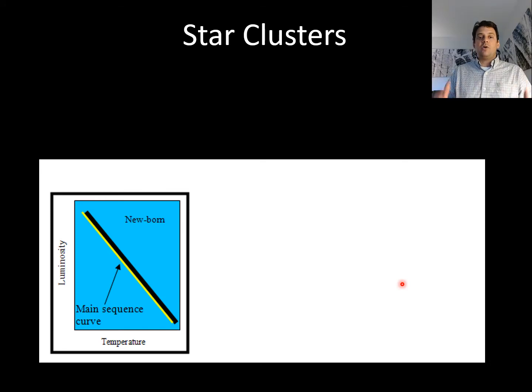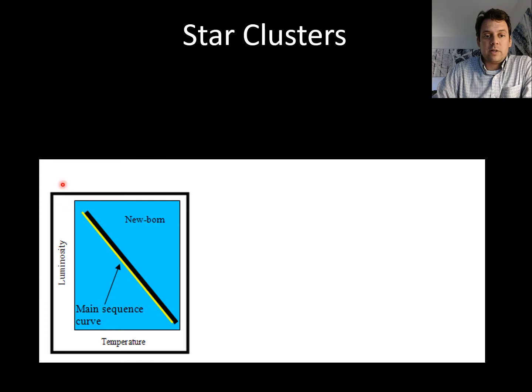Now, because all of the stars in a cluster are born at the same time, it turns out that we can actually use the HR diagram to learn something about a star cluster's age. We're going to be very schematic about it at this point, just to avoid confusing details.